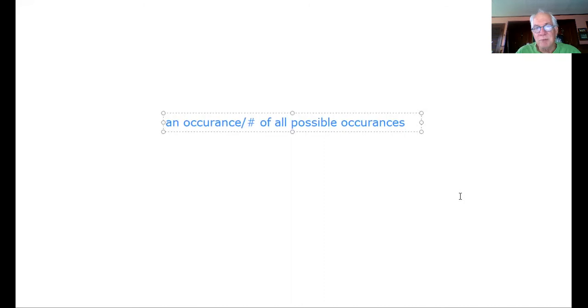And of those 52 possibilities, 26 of them meet the criteria, which is being a red card. So the likelihood probability is 0.5. 26 out of 52 for a red card coming up. Mathematically, that's the simplest one that comes up.